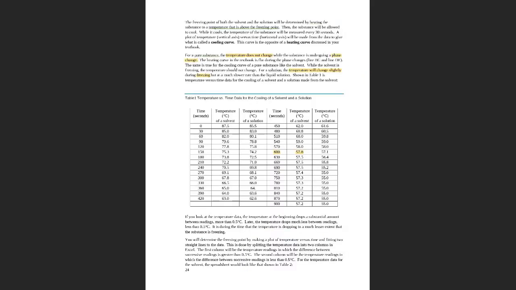So we said, let's see what else they are talking about here. Okay, here in the write-up, it says that the freezing point of the solvent and the solution will be obtained by heating the substance.